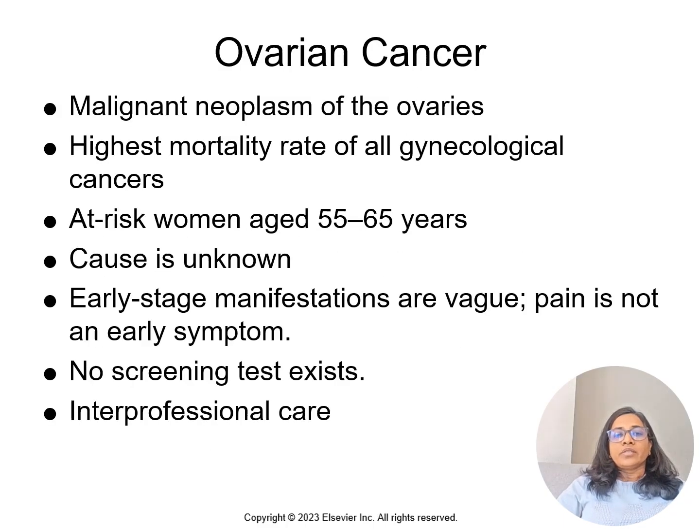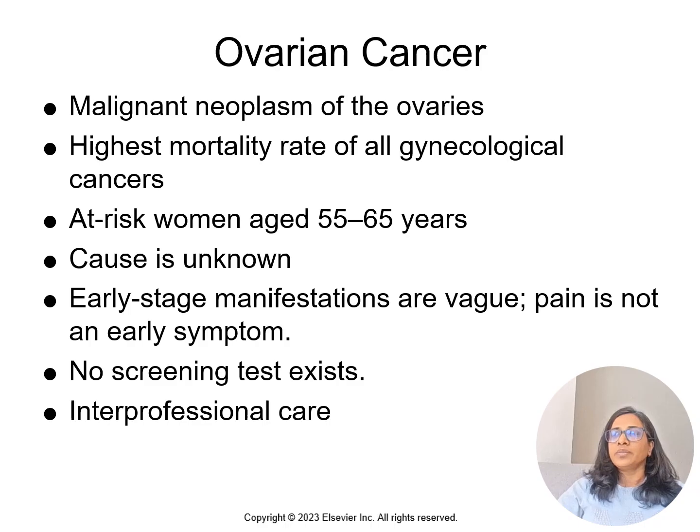Now, ovarian cancer is also one of the cancers linked to hormones. Again, it goes undiagnosed because of the early vague manifestations. Pain is not an early symptom in ovarian cancer.